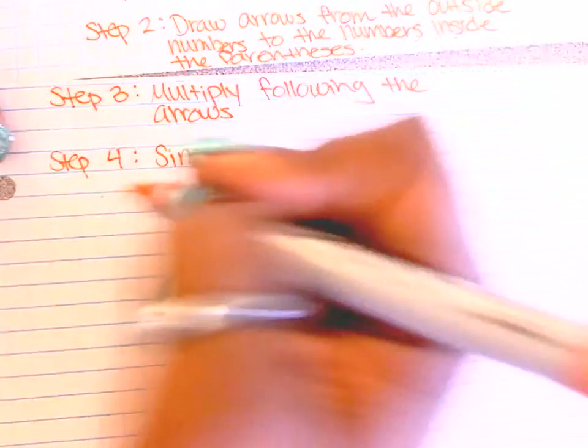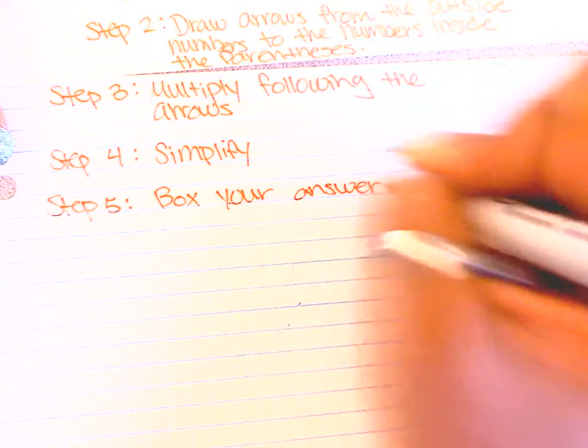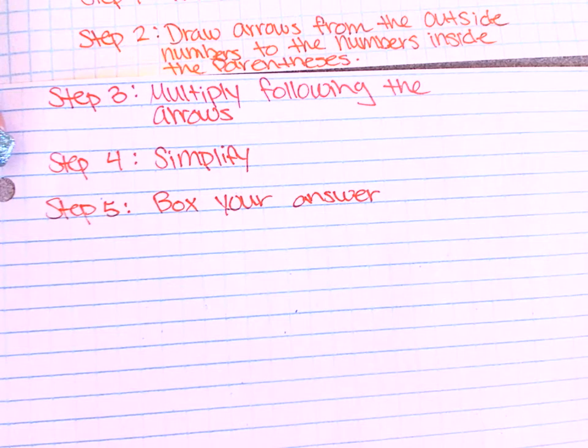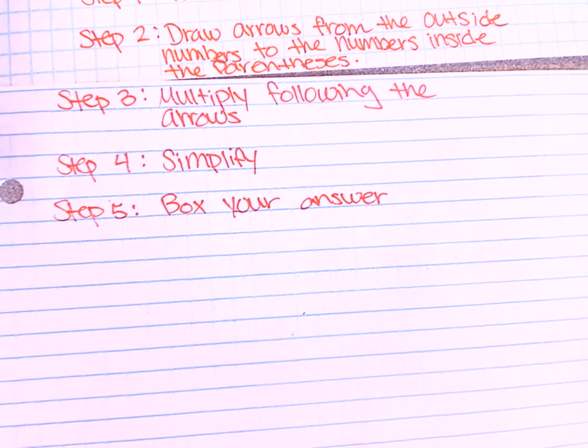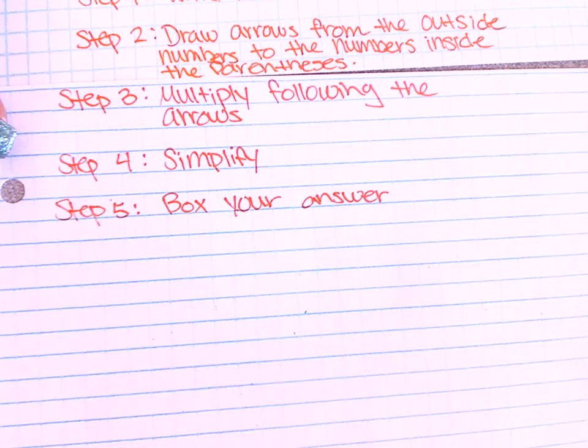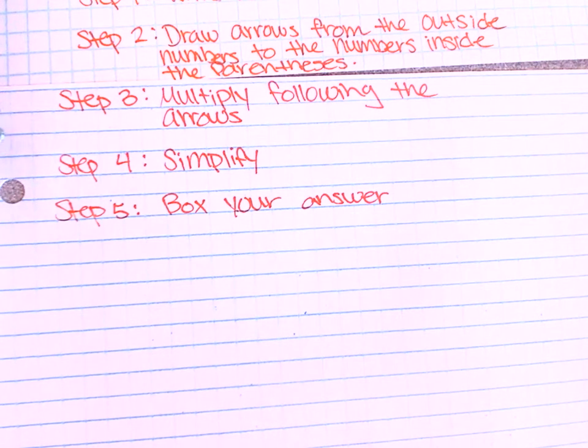And always, always, always box your answer. So step 1, write the monomial, write the problem. 2, draw arrows. 3, multiply. 4, simplify. 5, box your answer. Simple, simple.